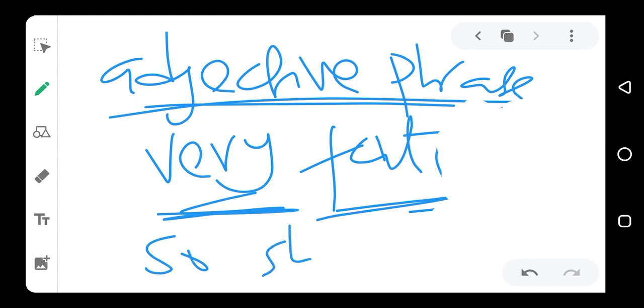This is an adjective phrase. When we have an adjective and a word or words around it which must not contain a noun, we call it an adjective phrase.